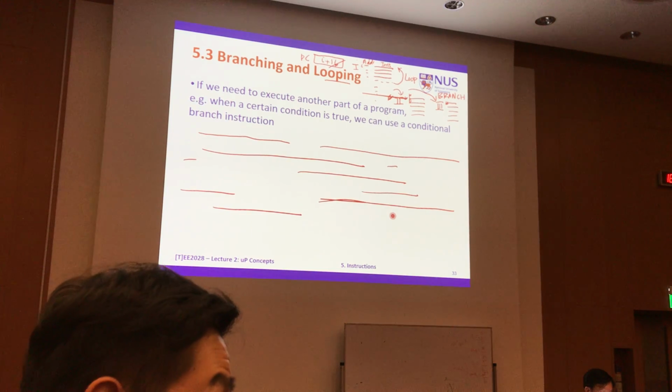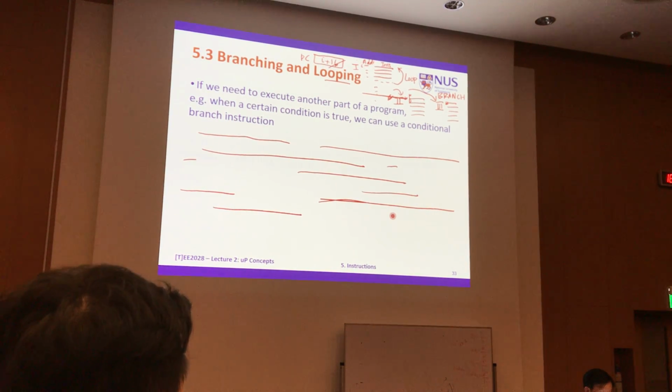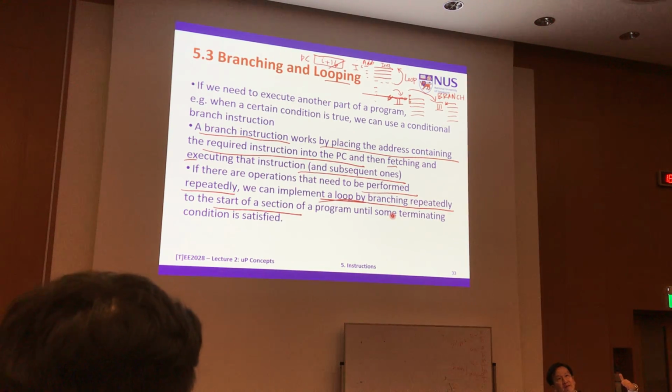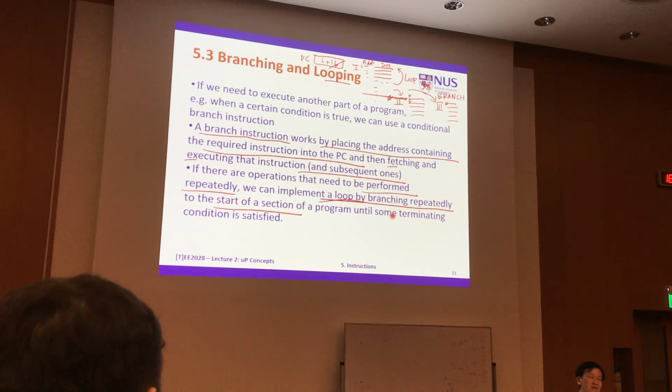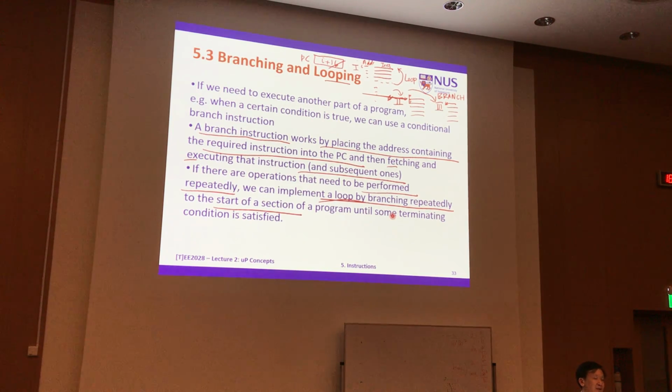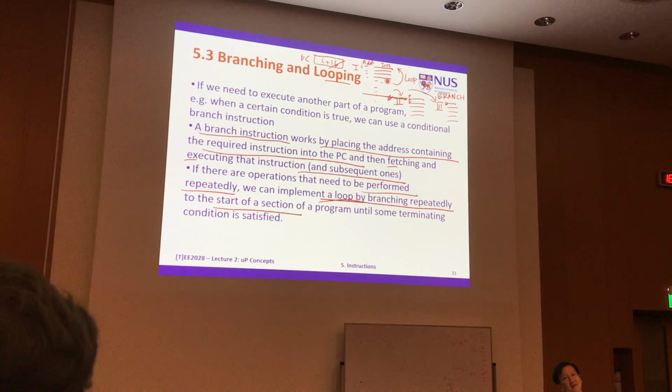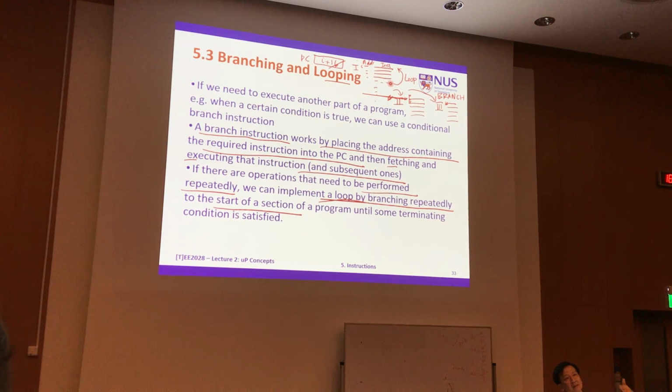The last part of this lecture 2 is to do with manipulating the program counter, right? If you change the value in the program counter, it will cause the program to be executed in different ways. If you don't do anything, as we saw just now, you fetch one instruction, the program counter will automatically add 4, and then the next instruction in the next word will be fetched.